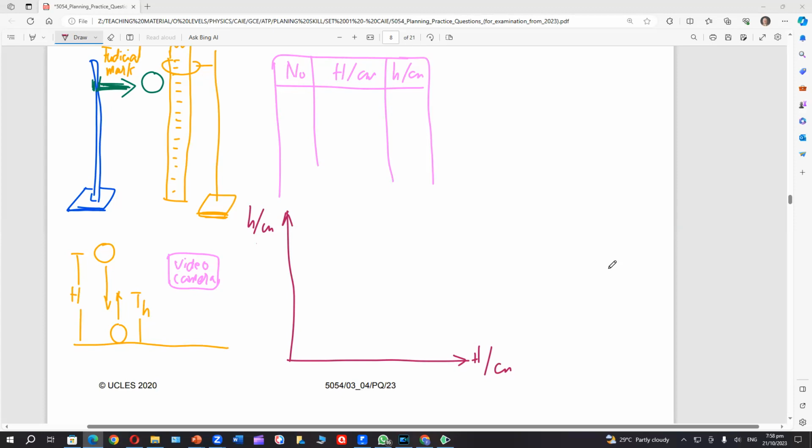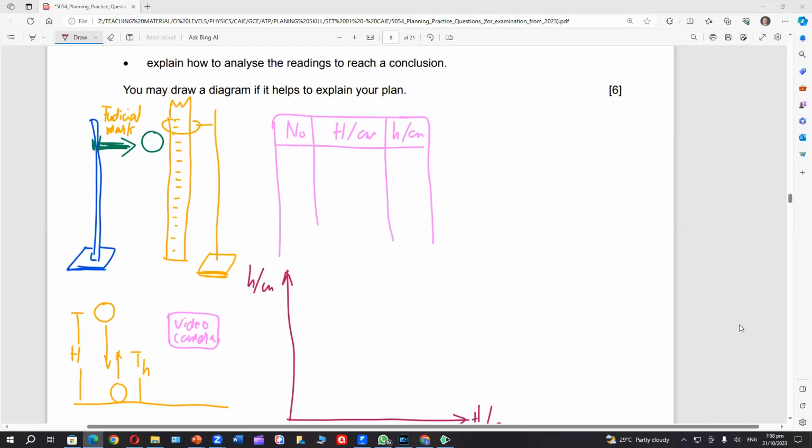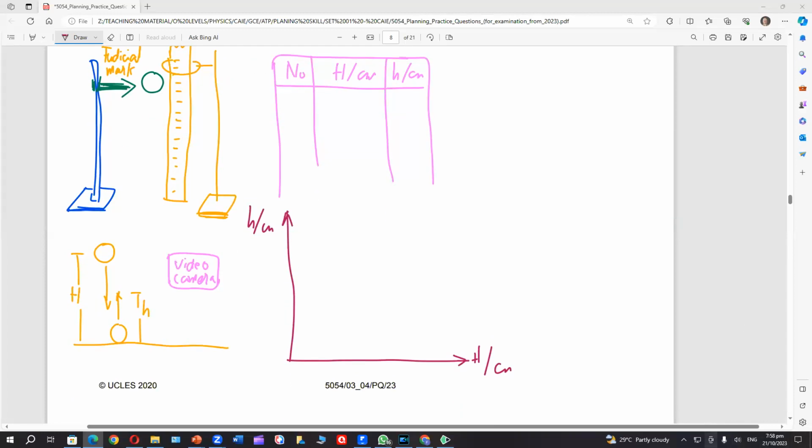So what would be the procedure? You can always start with: arrange the operators as shown.